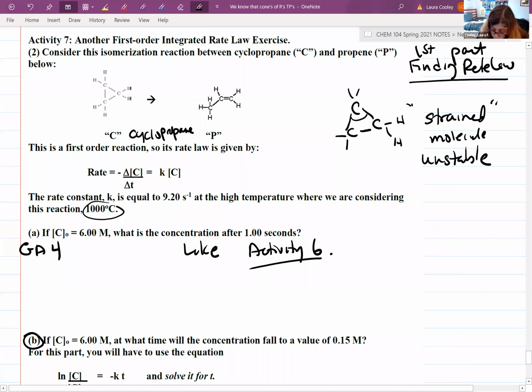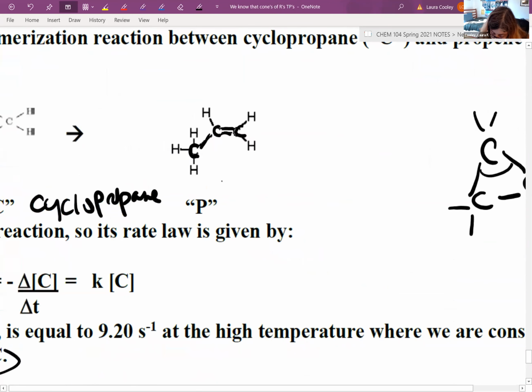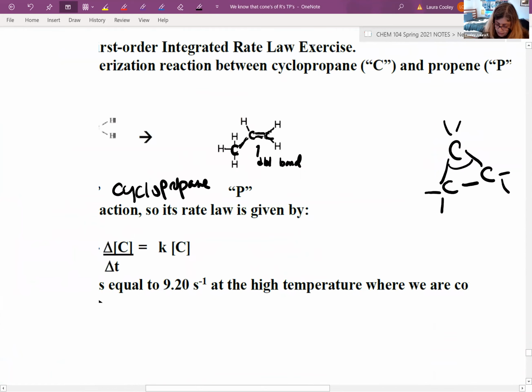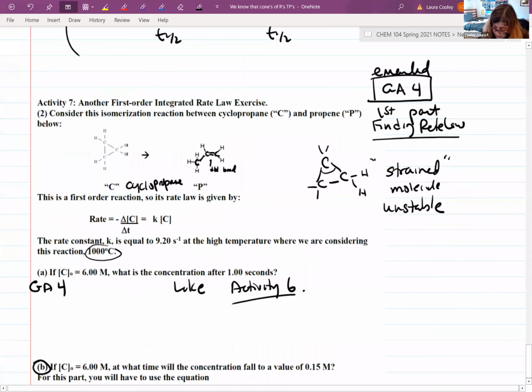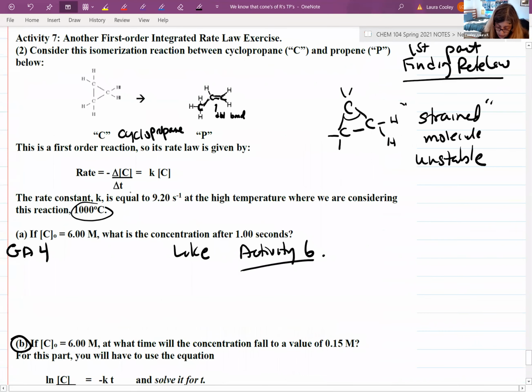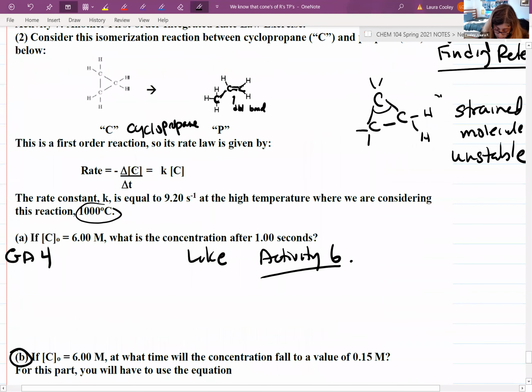Okay, so there's a reaction where it forms propene. Notice this has a double bond in here. See, there's a double bond. That's a reaction that can happen with these cyclo compounds. Now notice that the rate is written in terms of the concentration of compound C, which is cyclopropane.